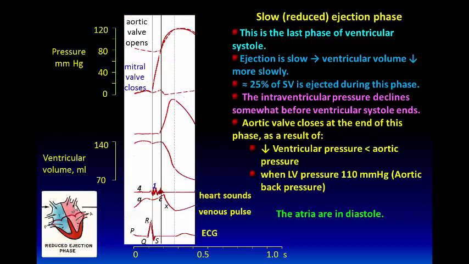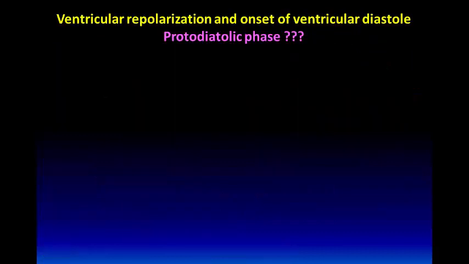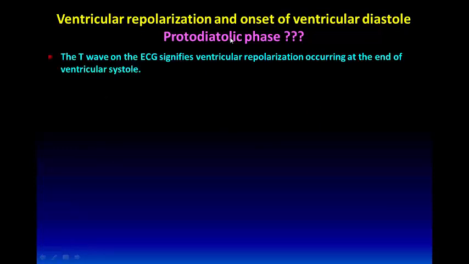The slow or reduced ejection phase is the last phase of ventricular systole, and now ventricular diastole begins. Ventricular diastole begins with a phase known as protodiastole. The T wave on the ECG signifies ventricular repolarization, and ventricular repolarization occurs at the end of ventricular systole.